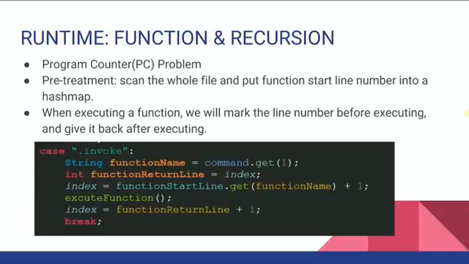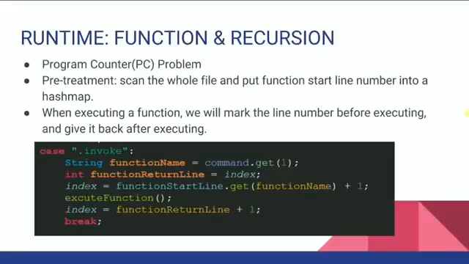The second problem is how to organize the index when you encounter a function, like the program counter inside the CPU. When you execute a function, you need to jump into the body of the function. The function body start line is always different from the line where you call the function, and we also need to manage how to continue executing the rest when the function is over.